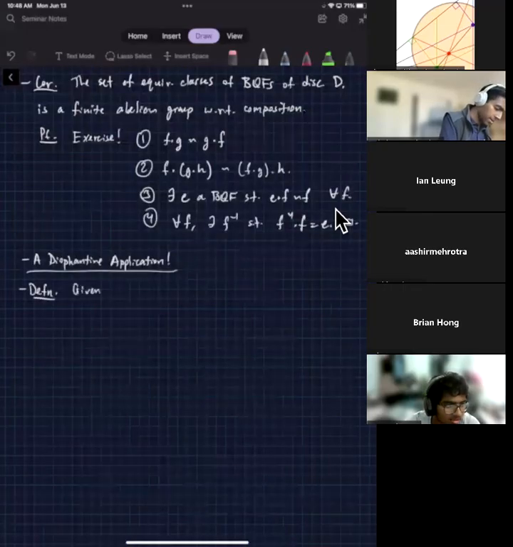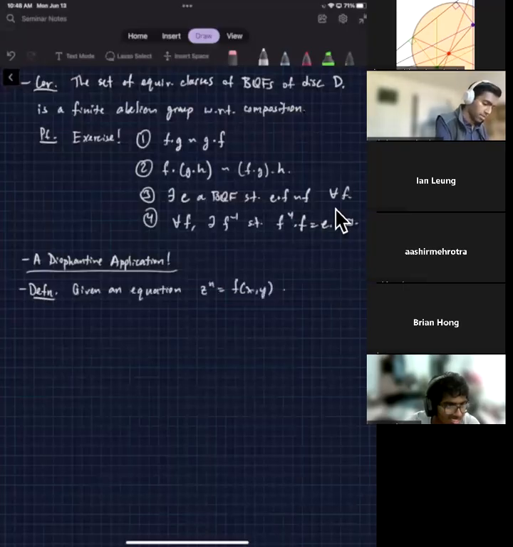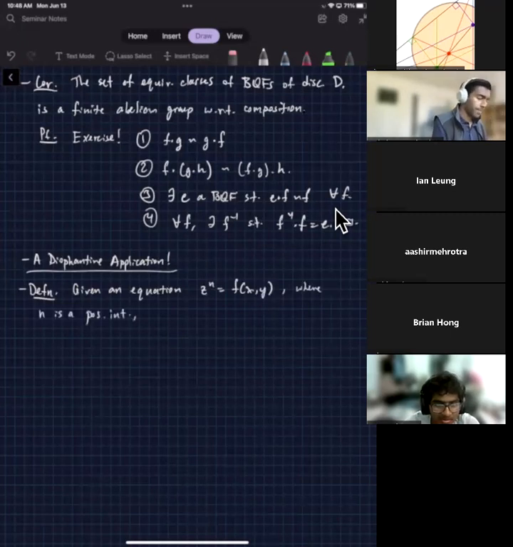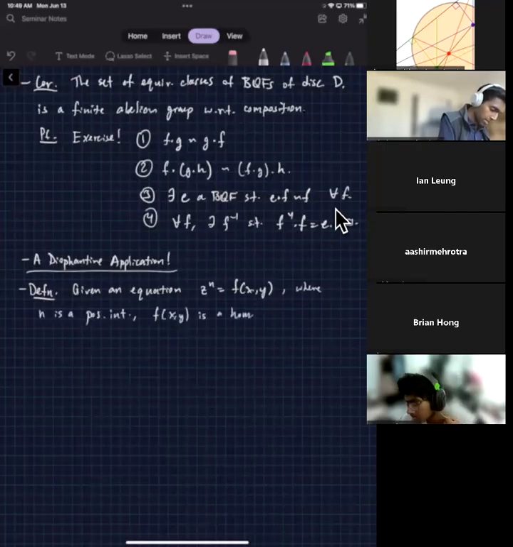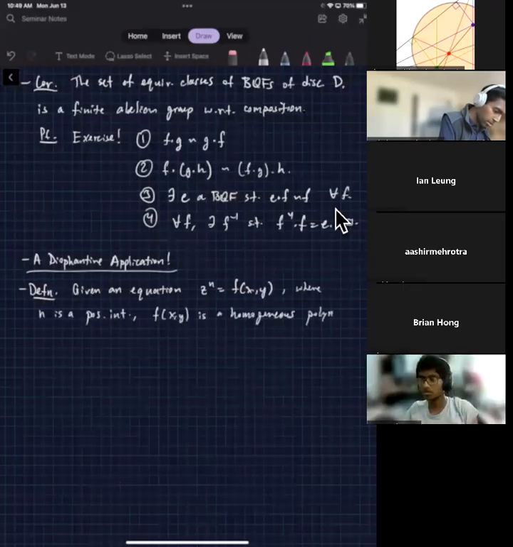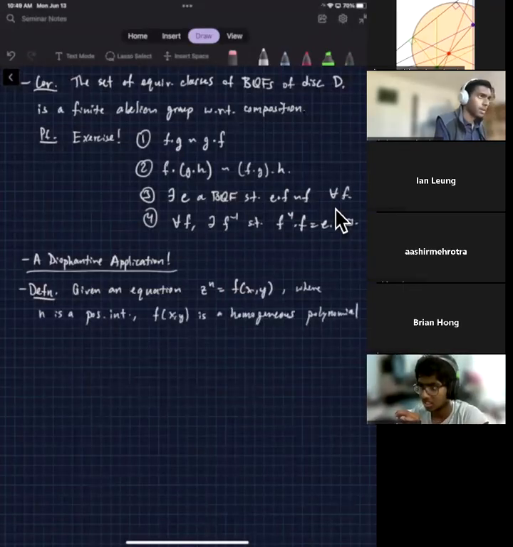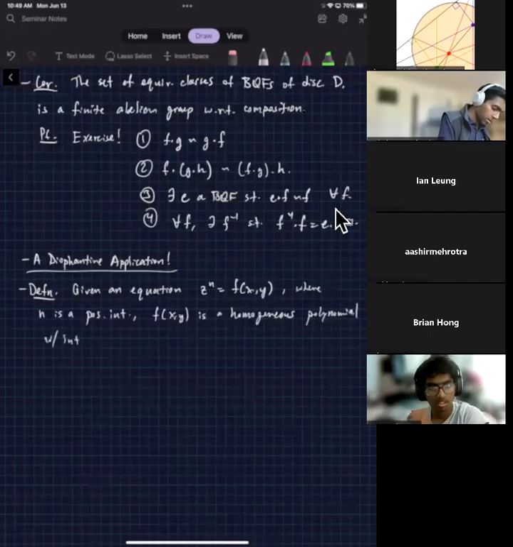So given an equation, z to the n equals f of x comma y, where n is a positive integer, and f of x comma y is a homogeneous polynomial with integer coefficients.